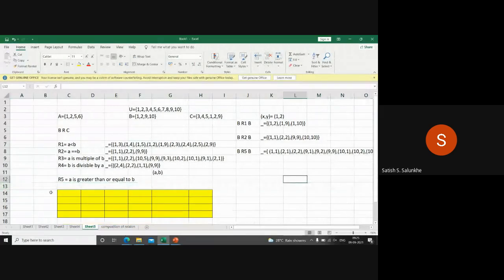Okay, hope now it is visible. We are just writing the elements of B here: 1, 2, 9, 10, whatever. And the elements of the codomain are listed here: 3, 4, 5, 1, 2, 9.